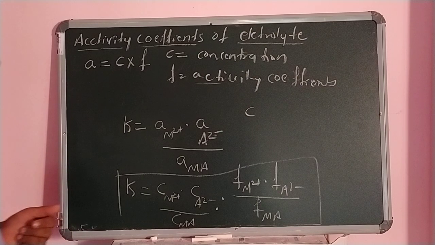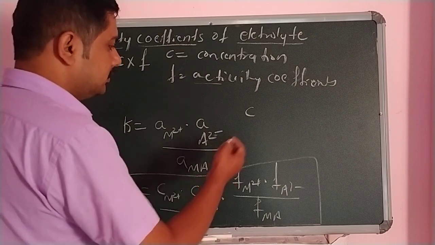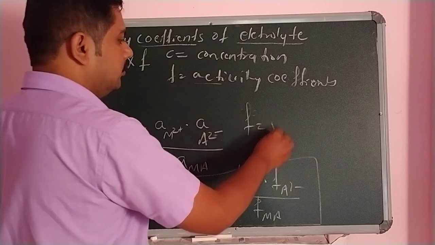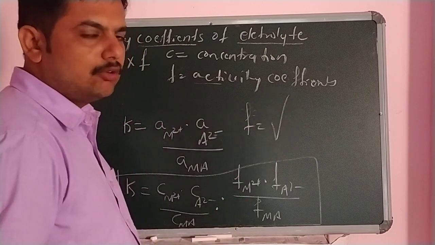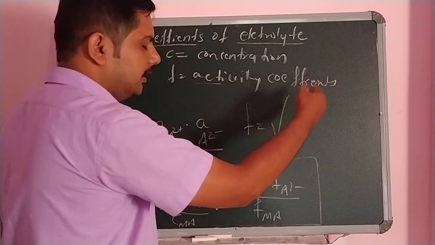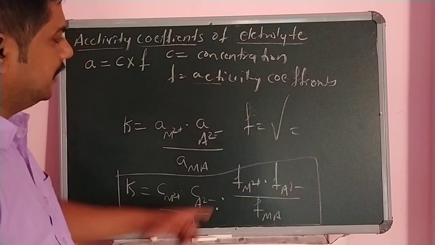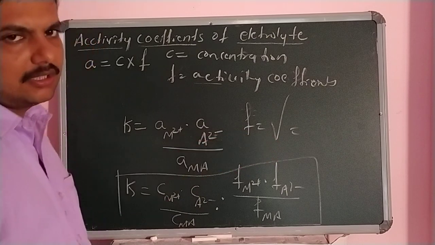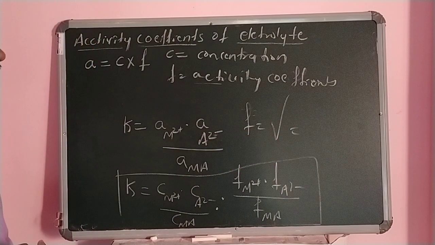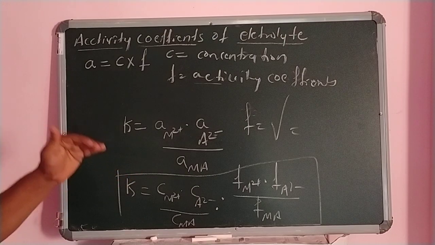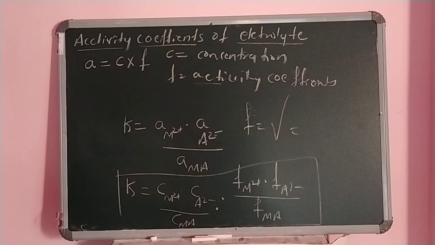And the symbol of this activity coefficient is f, and it is also written as gamma. Sometimes other symbols are also used, but usually we use this f or the gamma symbol. Okay, now this is the activity coefficient of an electrolyte.